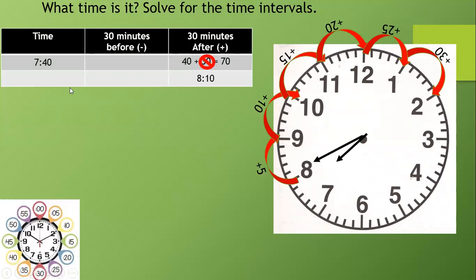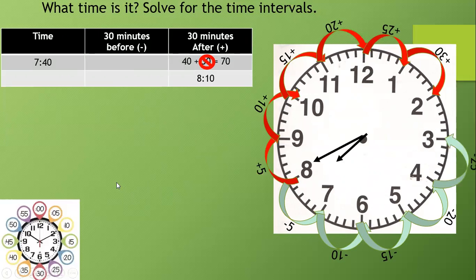All right, so looking at 30 minutes before, let's see what happens there. So we have -5, -10, -15, -20, -25, -30, and again we've landed on the 2, which is equivalent to 10.